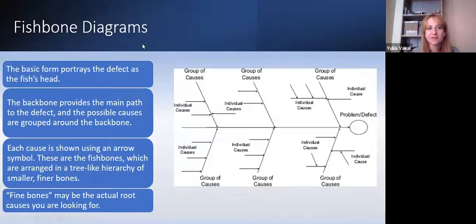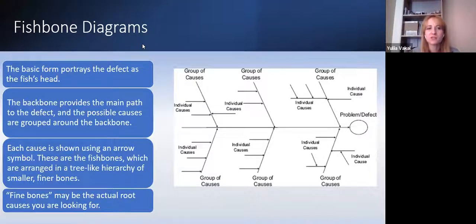So basically, why does it look like a fishbone? When we have a problem, we write it in an oval, in a circle or in a rectangle. It reminds us of the fish head. Then the backbone provides the main path to the defect. And then we have different possible causes. They should be grouped in categories. Then we start finding fish bones, like small finer bones.